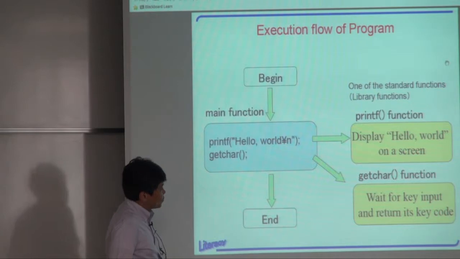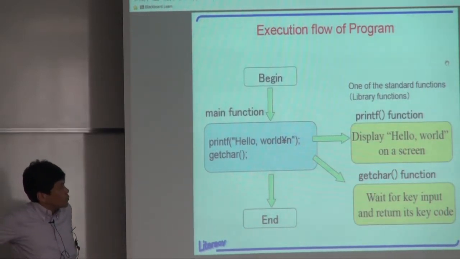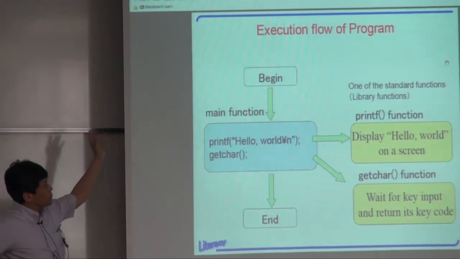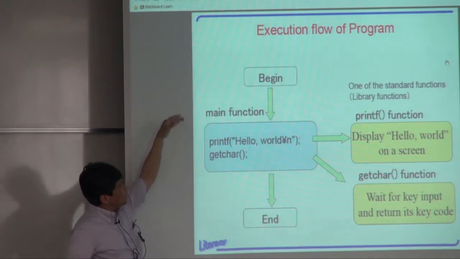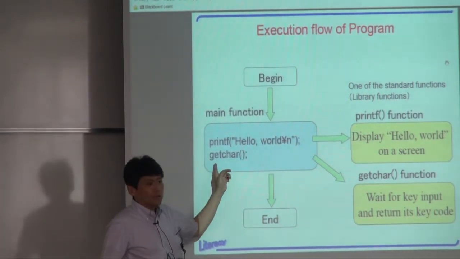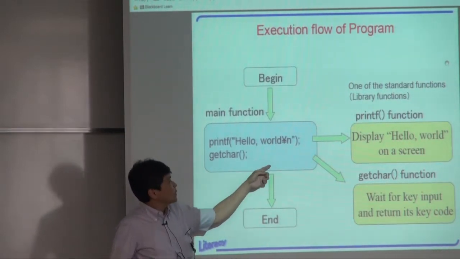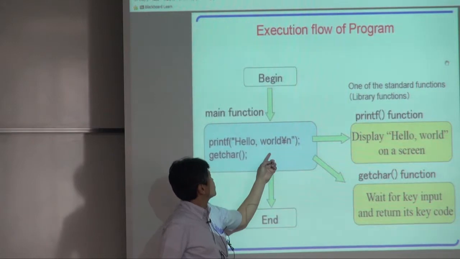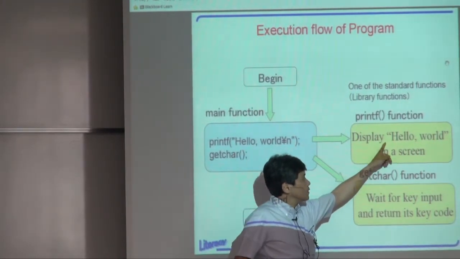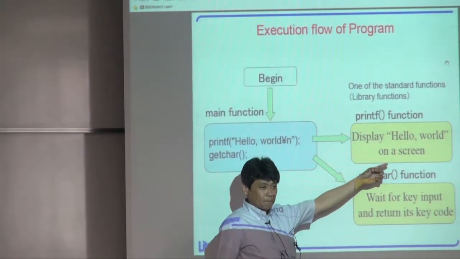So this is an execution process. This shows the execution process of the previous very simple program. In the previous program, there are two functions, the printf function and the getchar function. The printf function displays a string, in this case the hello world string, on the computer screen.